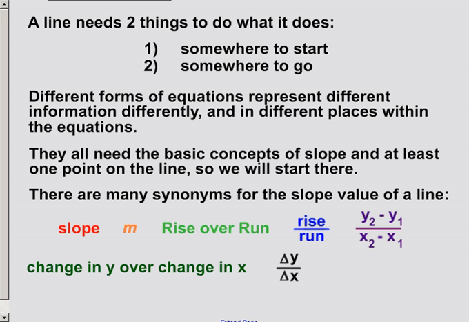Through your travels in physics, you should know that delta means change in, so that represents change in y over change in x, exactly like the green part there on the screen. And the flavor of the month that has come around in the last half decade or so is they do like to refer to slope as rate of change. So watch out for that one.